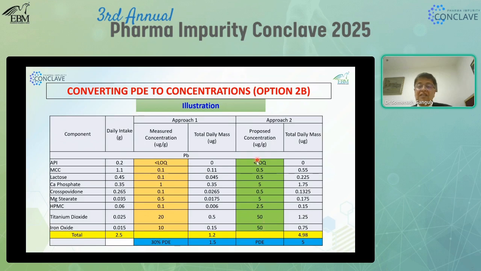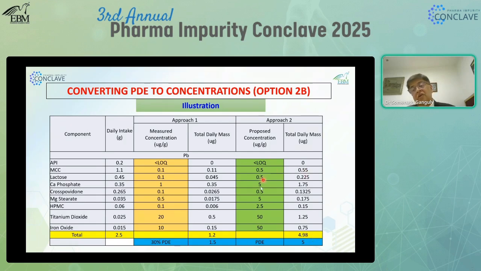So if you change it to a higher level, and you sum up using the same formula, 1.1 into 0.5 is 0.5, whatever. Here you are getting 4.98 microgram. What is the total PD of lead? 5.